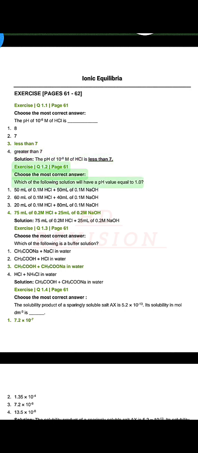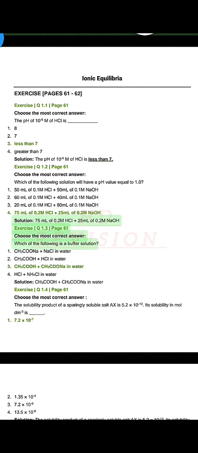Exercise Q1.2 page 61. Choose the most correct answer. Which of the following solutions will have a pH value equal to 1.0? 1. 50 ml of 0.1 M HCl plus 50 ml of 0.1 M NaOH. 2. 60 ml of 0.1 M HCl plus 40 ml of 0.1 M NaOH. 3. 20 ml of 0.1 M HCl plus 80 ml of 0.1 M NaOH. 4. 75 ml of 0.2 M HCl plus 25 ml of 0.2 M NaOH.